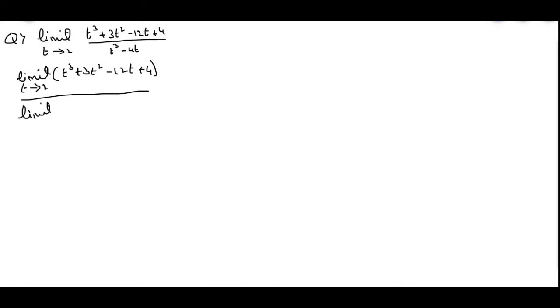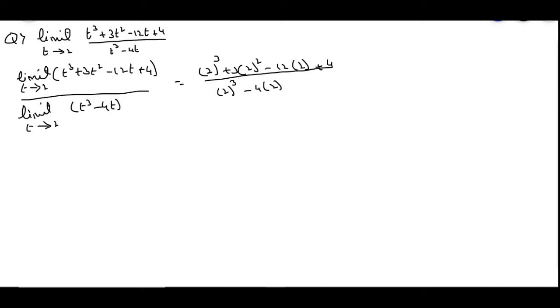So limit t approaches 2, this is 2 cube plus 3 times 2 square minus 12 times 2 plus 4 whole divided by 2 cube minus 4 times 2, which gives us 8 plus 12 minus 24 plus 4 over 8 minus 8, and on simplification we get 0 over 0 form, which is again an indeterminate form.